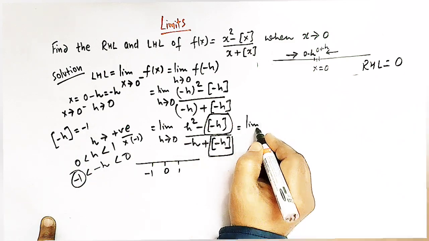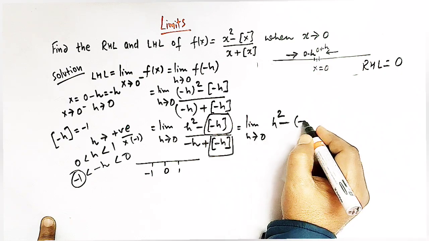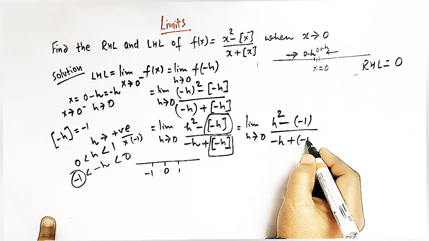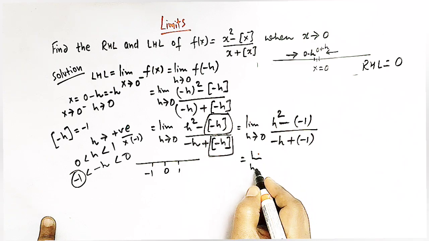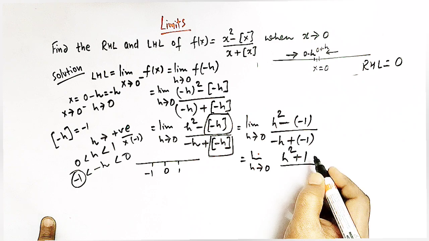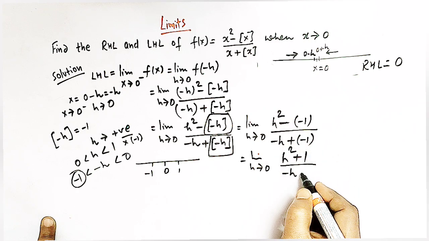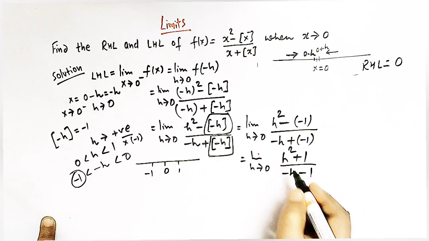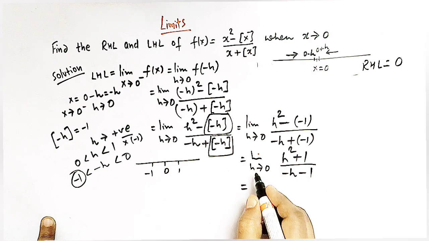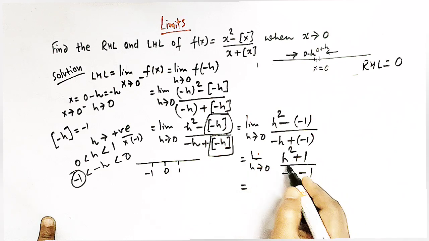So now we have limit h tends to 0, h square minus, and here we have minus 1, and here we have minus h plus minus 1. So this is limit h tends to 0, h square plus 1. This is minus times minus is plus, and here we have minus h minus 1. So now this is a rational expression in h, and limit h tends to 0 can be obtained by taking h is equal to 0.